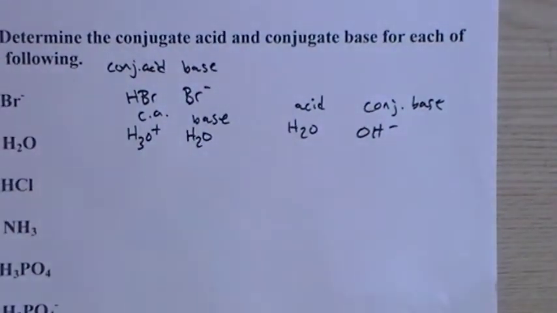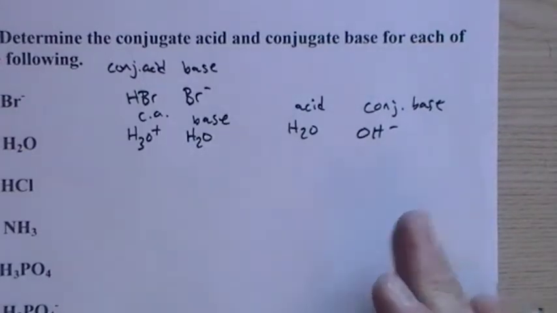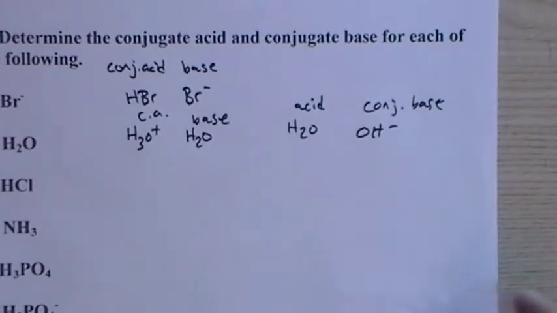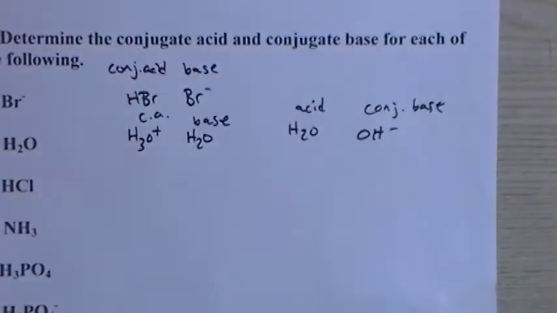So whatever the species is, if we want to create its conjugate acid, add 1 H plus to it. If we want to make its conjugate base, take away an H plus. It has to be one hydrogen, and it has to be the positive charge, so you have to keep track of the charges.